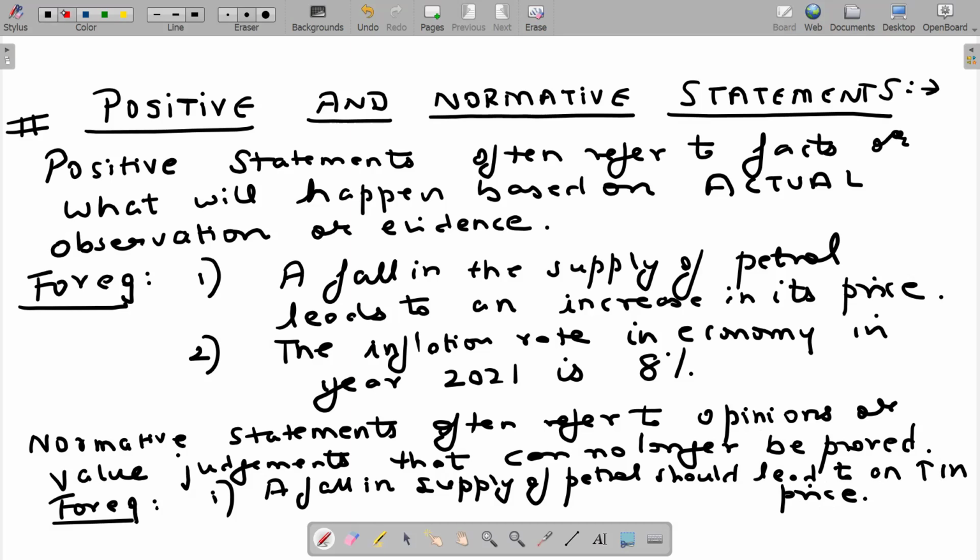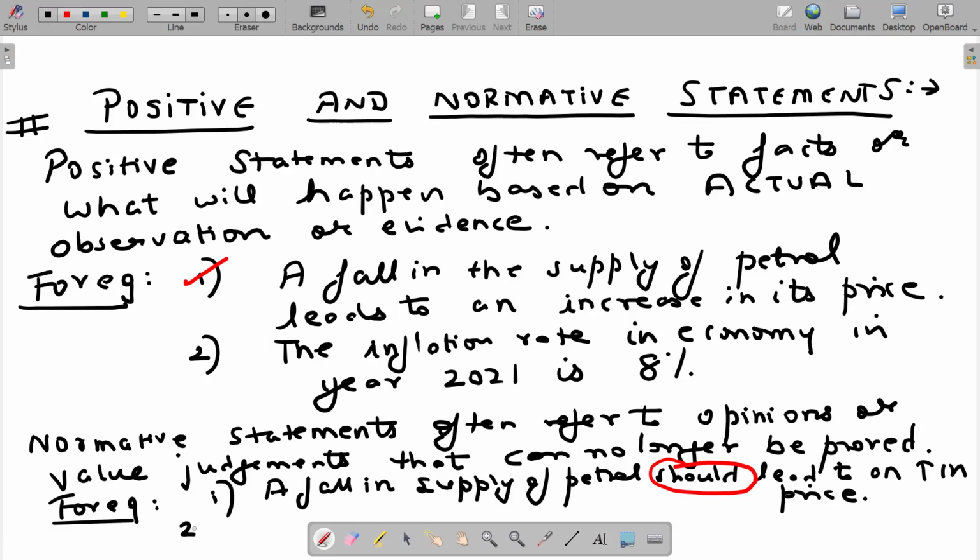The moment I add the word should, it means I'm giving an opinion. In the first case, I was not giving any opinion. It was a fact. But if I pass an opinion, that becomes a normative statement. Should lead to an increase in price. This is a normative statement.